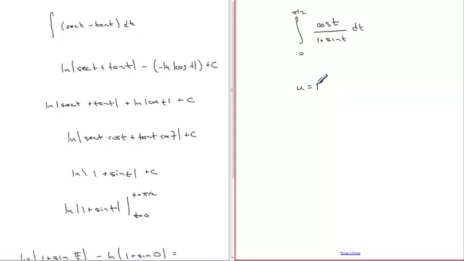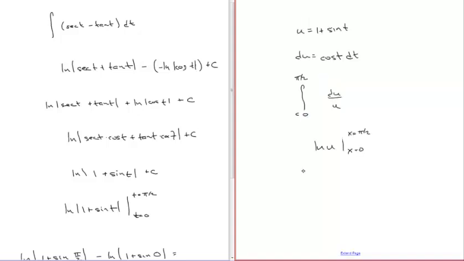So we have du divided by 1 plus sine t, which is u, and the integral of du over u is the natural log of u. And we evaluate that between t equals 0 and t equals pi over 2. But u is 1 plus the sine of t. So we get the natural log of 1 plus the sine of t evaluated between 0 and pi over 2.